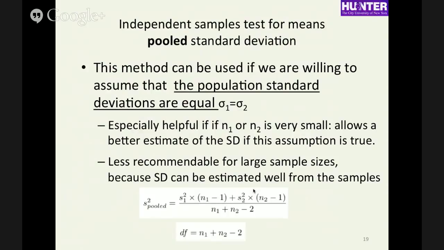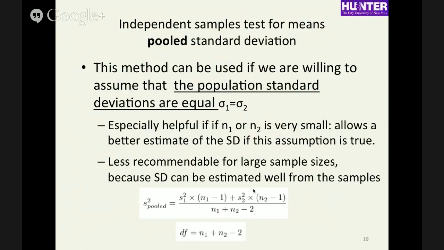If one of your samples is very small, or they're both very small, and you believe that the variability in the two groups is about the same, then you can pool the standard deviations. So you estimate the standard deviation in each of the samples and average those standard deviations together, weighted by the sample size, and you assume the same standard deviation in both groups.